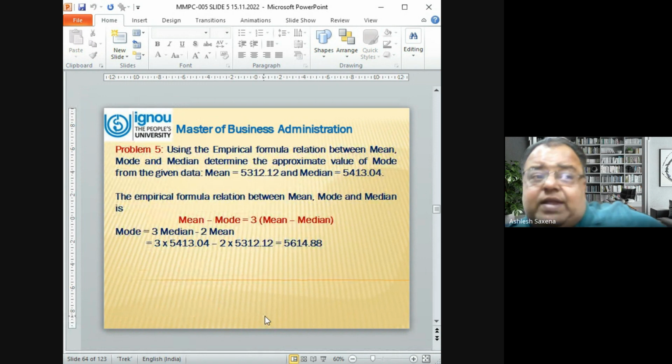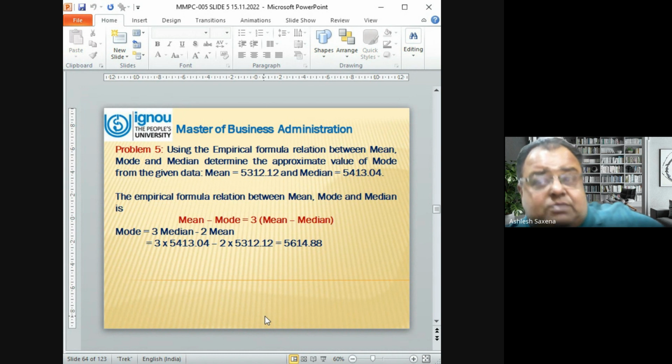Now we have an empirical relation between mean, mode, and median. Using the empirical formula between mean, mode, and median, you have to approximate the value of mode when mean is 5312.12 and your median is 5413.04. First of all, what is the empirical relation?